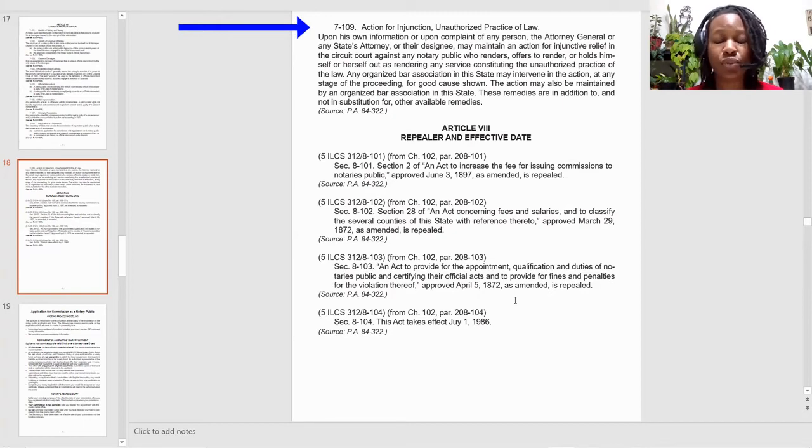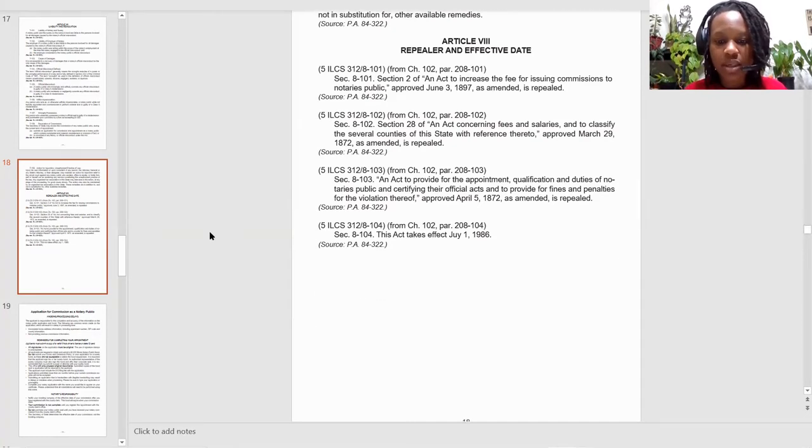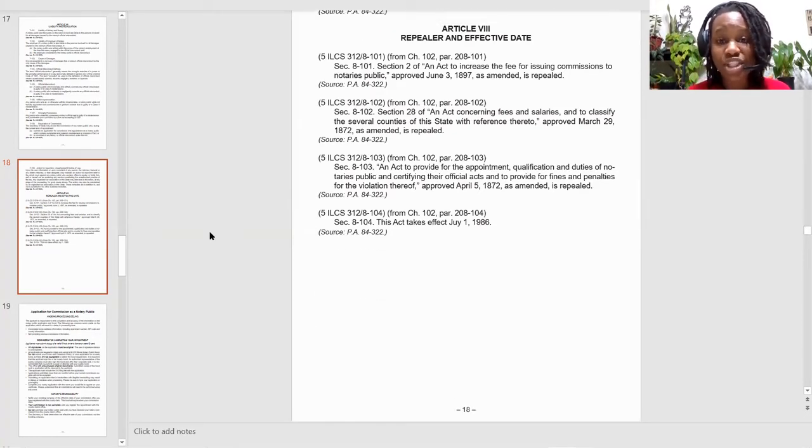So not only will you get in trouble with the law, but any actual bar association within the state of Illinois can say, hey, I want to tag along and I want to help you put this notary in jail. You don't practice law. Don't. Just say, I don't know. I'm not an attorney. Remember to state I am not an attorney, to practice law, and so forth. And we are ending page 18.